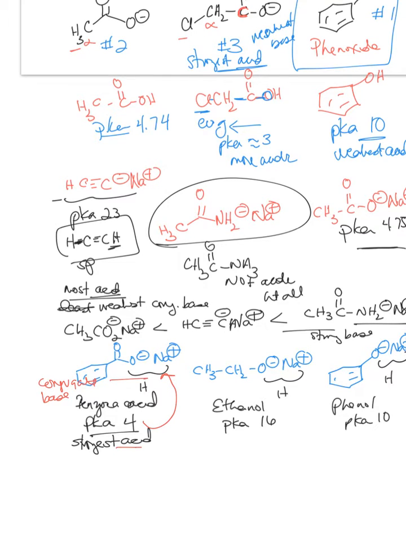And so you remember the stronger the acid, the weaker the conjugate base. Okay, that was general chemistry. So this is going to be a weaker base. So your weakest base would be the sodium benzoate.